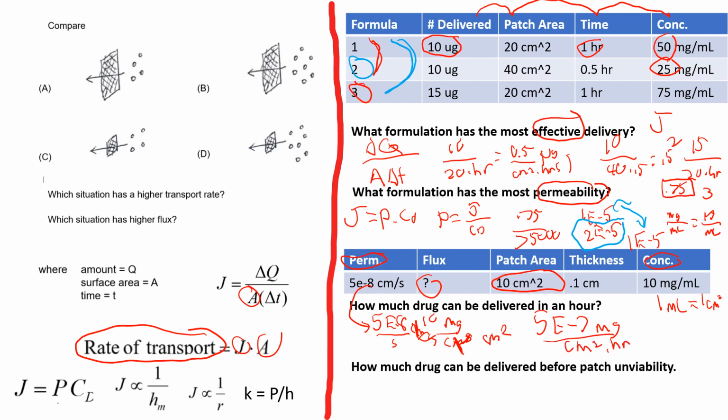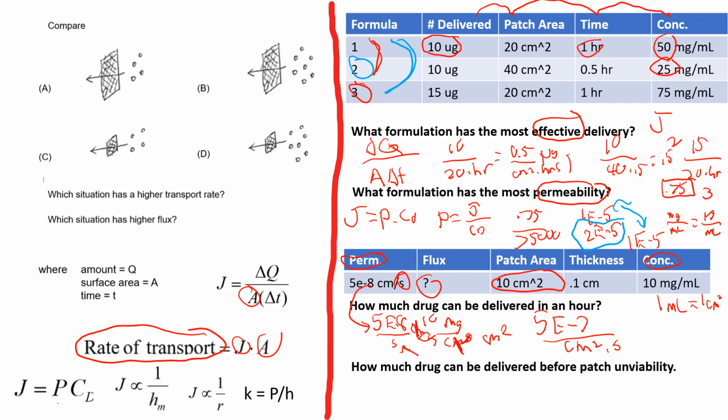We could make this microgram if we wanted. If we convert this to microgram, we can make this number a little more reasonable. Oh, I'm sorry, this isn't per hour, this is per second, and that's why it's so low, because second was in this equation. So per second.